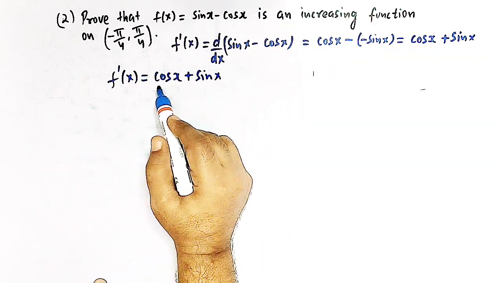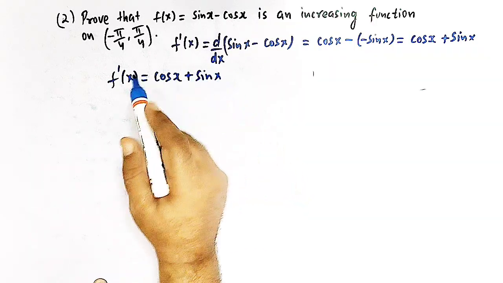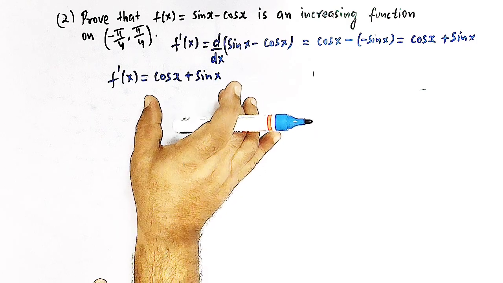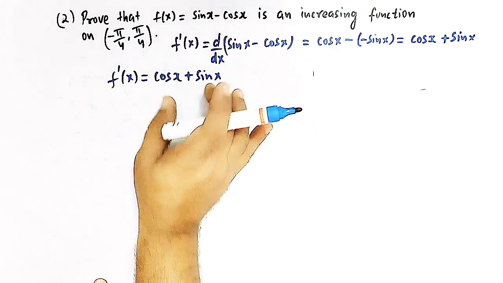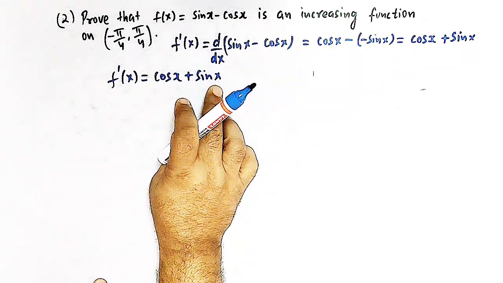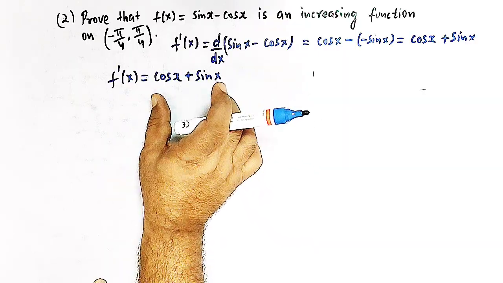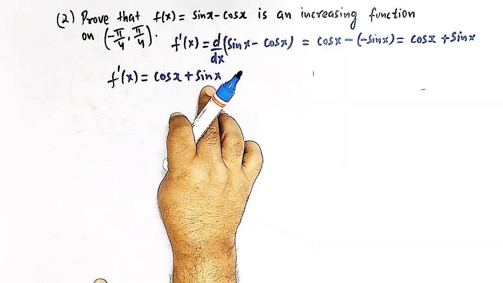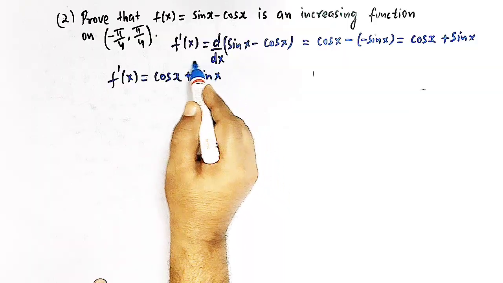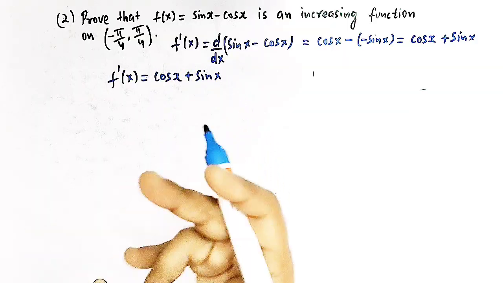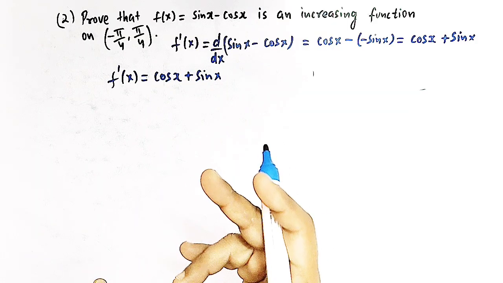Okay, so now here what we can do, we can apply some trigonometry to this function, that is cosine x plus sine x. So here the derivative is the sum of cosine function and sine function. So let us convert this function into a sine function only, right?